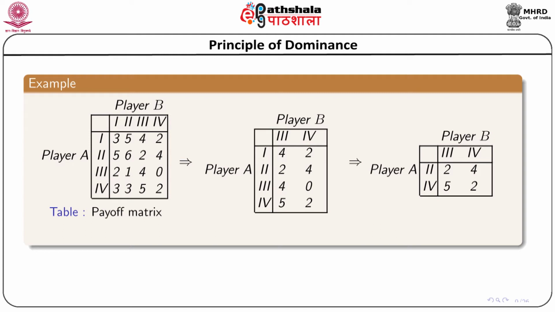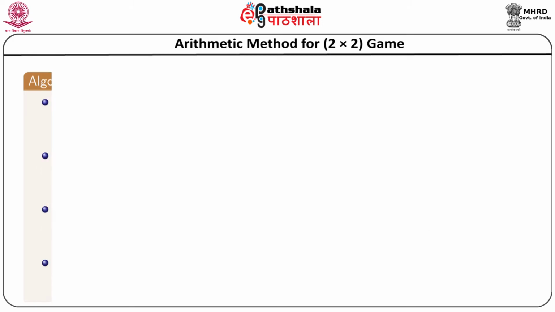And this 2 by 2 pair matrix can be solved by some other method. Since this pair matrix does not have a saddle point, we have to use mixed strategies for players A and B to get the optimal solution.